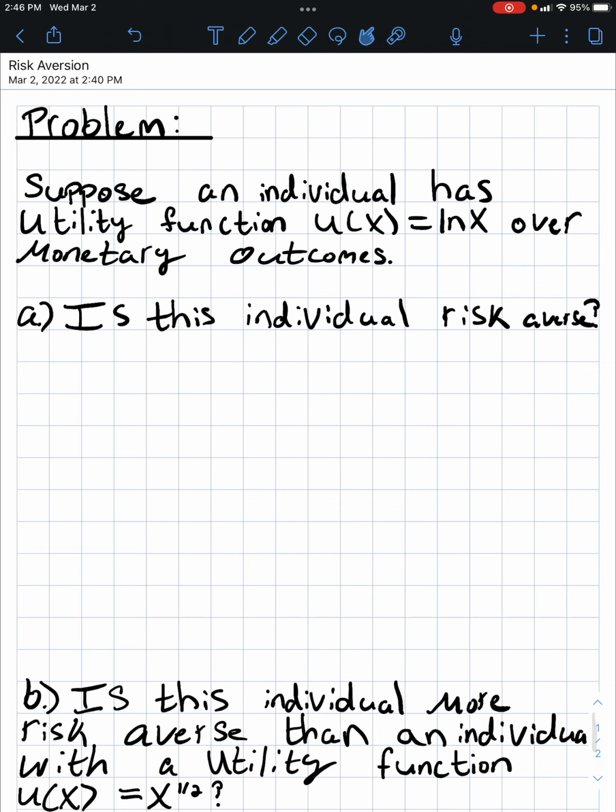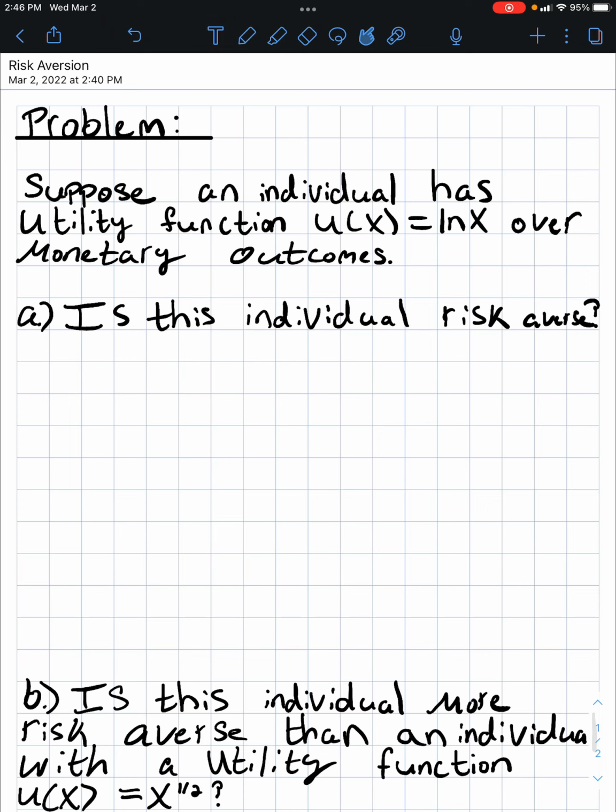Risk aversion is the tendency of people to prefer outcomes with low uncertainty to those outcomes with high uncertainty. The problem. Suppose the individual has utility function u of x is equal to the natural log of x over monetary outcomes.